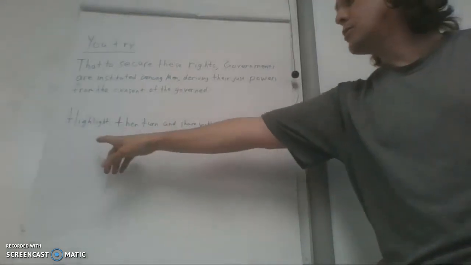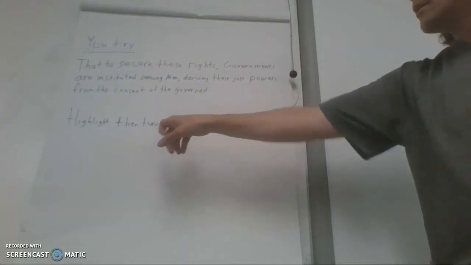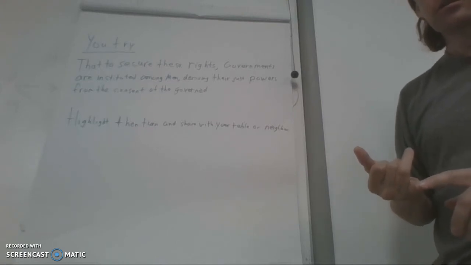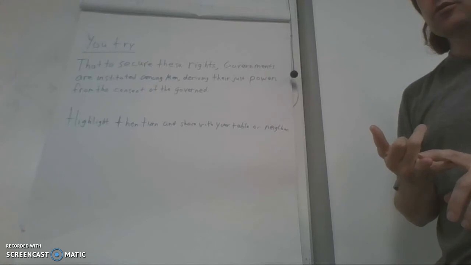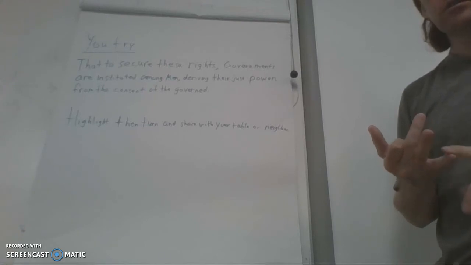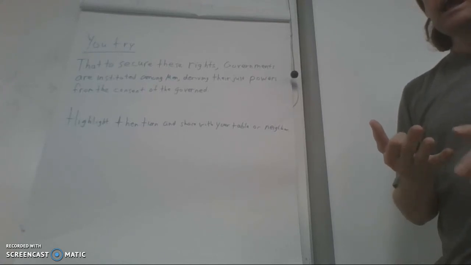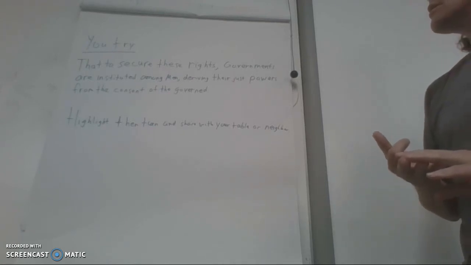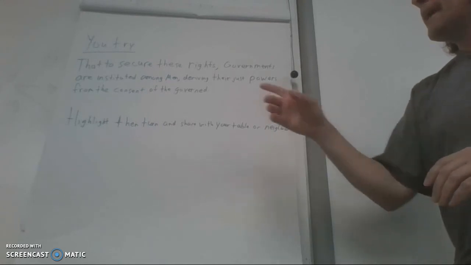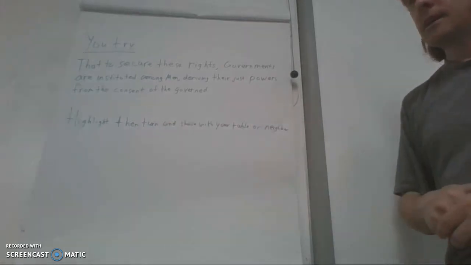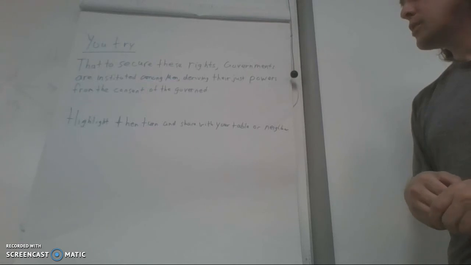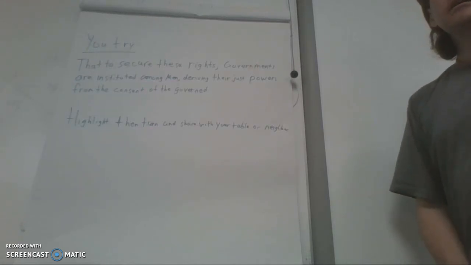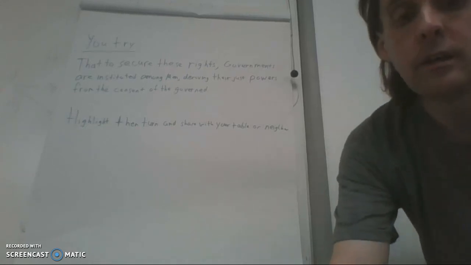Now I want you to highlight, remember, words you think are important, words that confuse you, that's the green, and capitalized words, which is the yellow, okay? Then I want you to turn and share with either your table or your neighbor. All right, thank you. I'm going to go around.